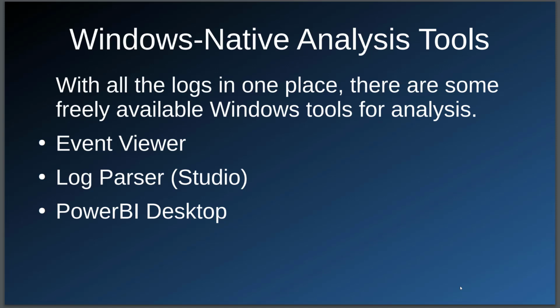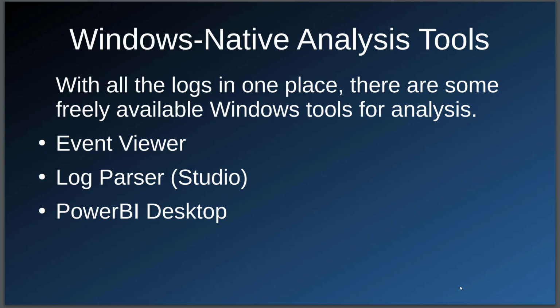Once you have the logs all in one place, there are several different freely available Windows tools that you can use to analyze them. The most basic tool is Event Viewer, which is the log viewer that's built into Windows. All of the stuff that's forwarded into the subscription server is just written into the Forwarded Events log.